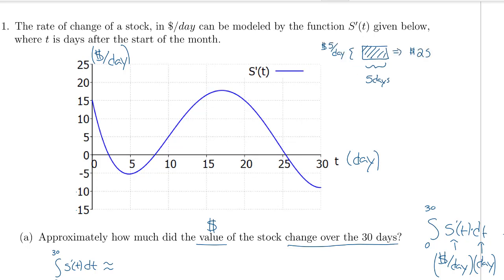So this tells us that each of these boxes that's above the t-axis represents an increase of $25 of the stock's value, and each box below the t-axis in this case would represent a decrease in the stock's value by $25. So we'll just count the number of boxes that best fits the area under the curve.